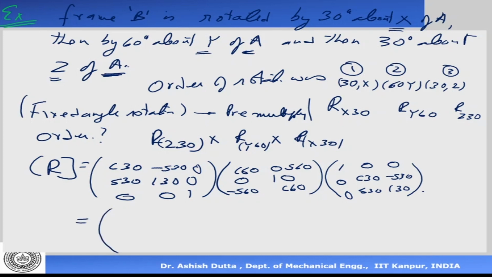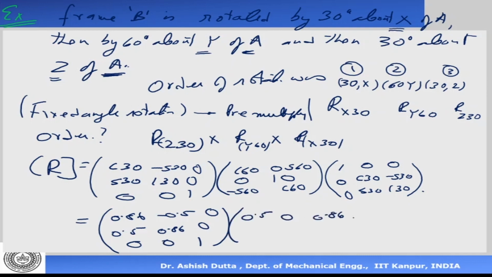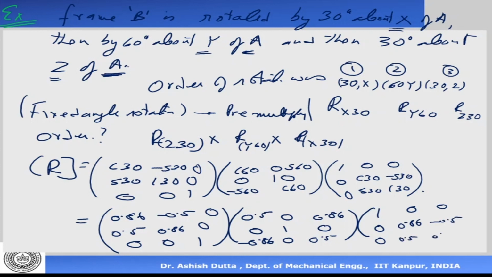So the combined rotation matrix is equal to, writing down the values: 0.86, minus 0.5, 0; 0.5, 0.86, 0; 0, 0, 1, multiplied by 0.5, 0, 0.86; 0, 1, 0; minus 0.86, 0, 0.5, multiplied by 1, 0, 0; 0, 0.86, minus 0.5; 0, 0.5, 0.86.